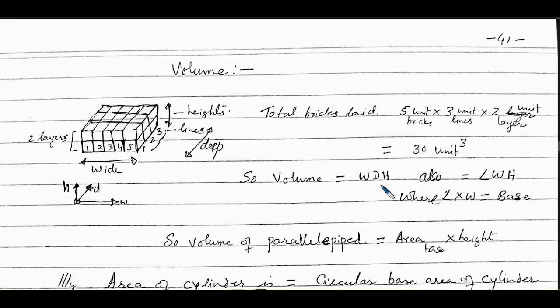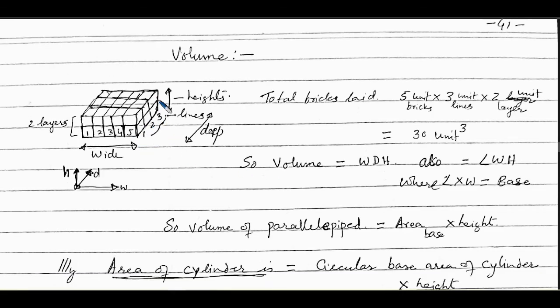So volume is width into depth into height, but this width into this depth is the area of the base. Or I call these length, width and height. This object is called a parallelepiped.